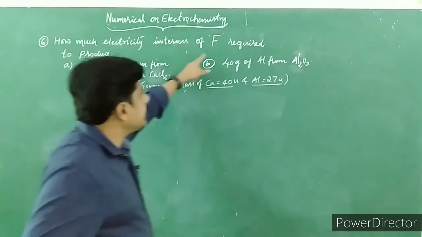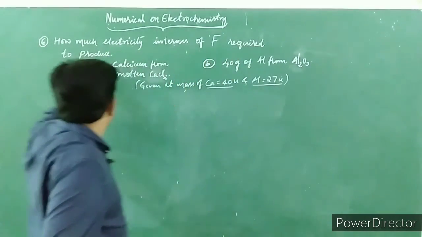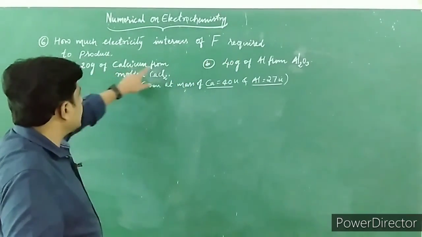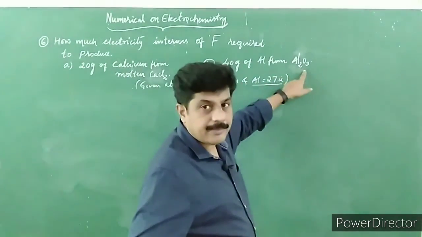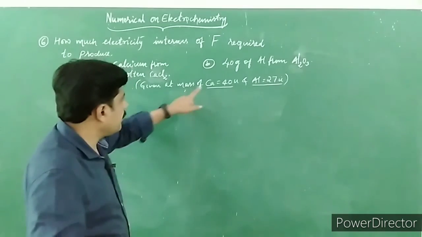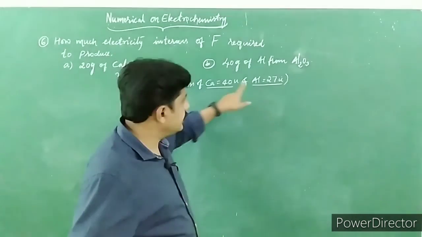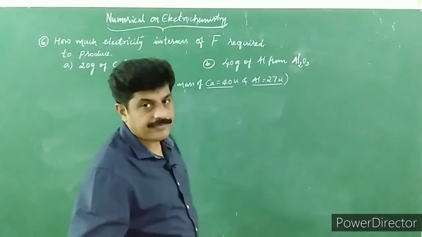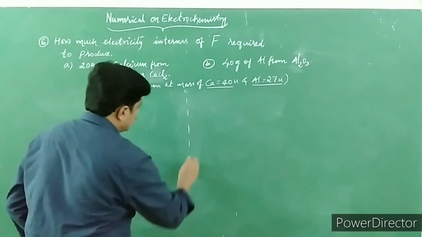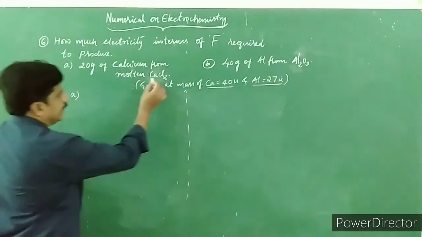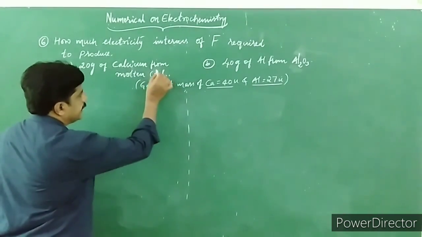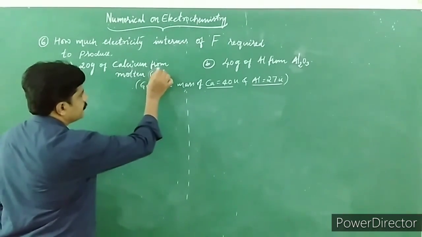How much electricity in terms of Faraday is required to produce A, 20 grams of calcium from molten calcium chloride, B, 40 grams of aluminium from aluminium oxide? Given the atomic mass of calcium is equal to 40 unified mass and aluminium is equal to 27 unified mass. Let me take up the first part. Children, in the case of calcium chloride, the calcium oxidation state is +2, is it not?